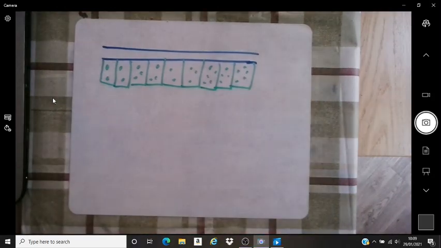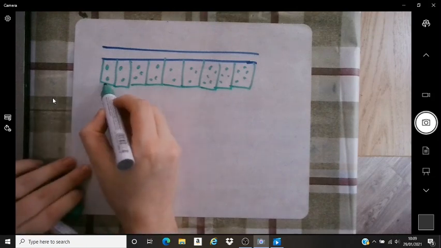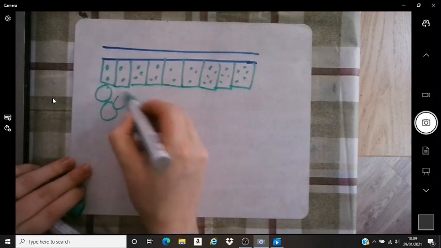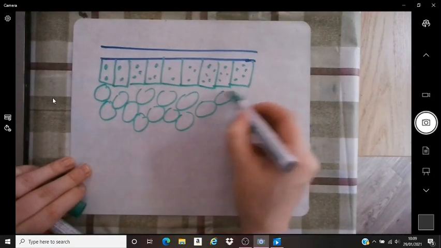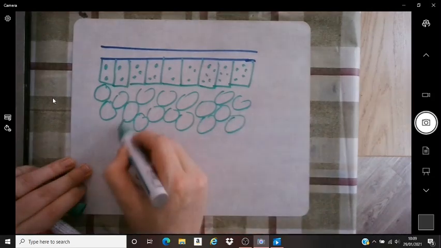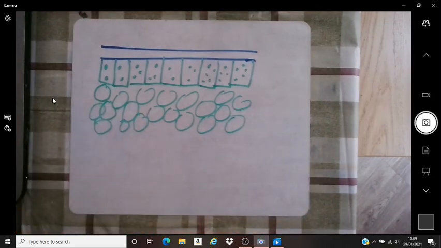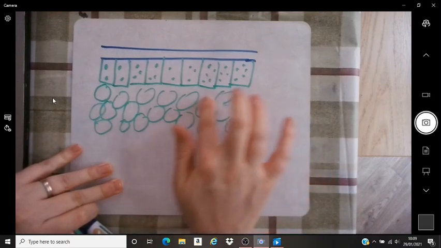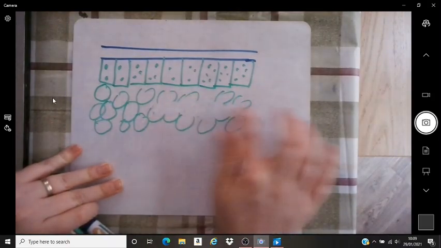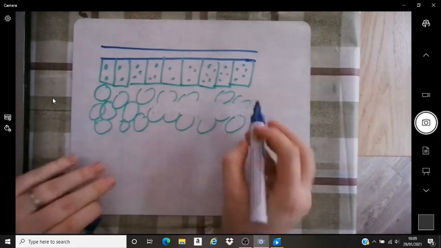Underneath that, I need a spongy layer. I'm still going to do green cells because these are still mesophyll cells, but they're just a little bit more spongy. You'll see a few little air gaps between these ones. There needs to be some sort of tubing coming in, so I'll draw that here.